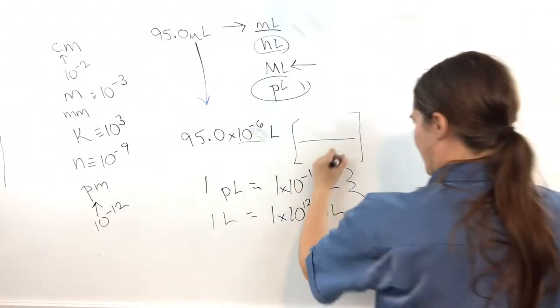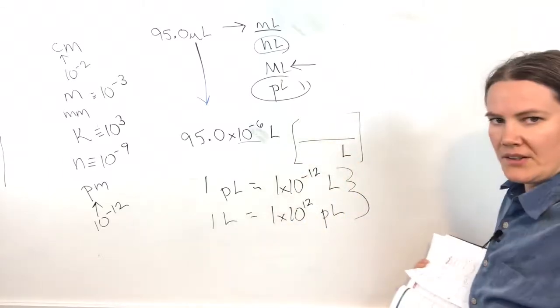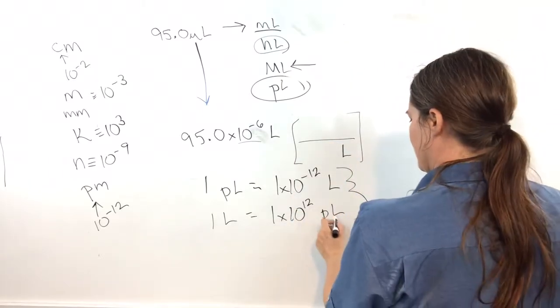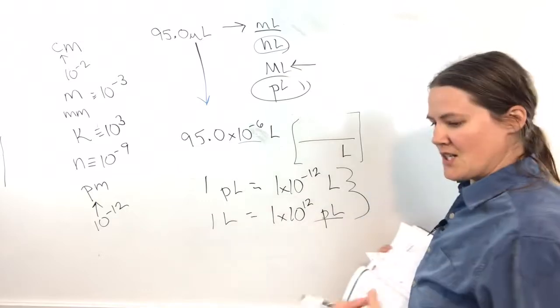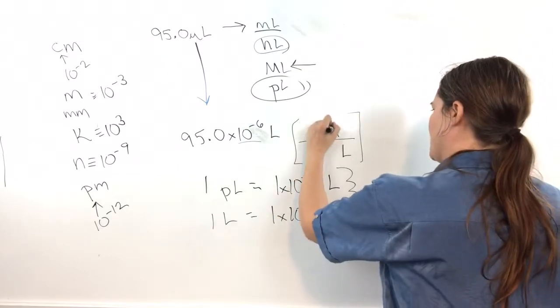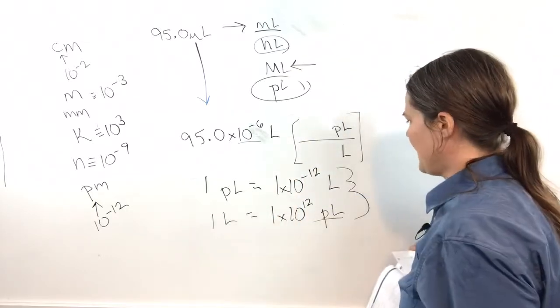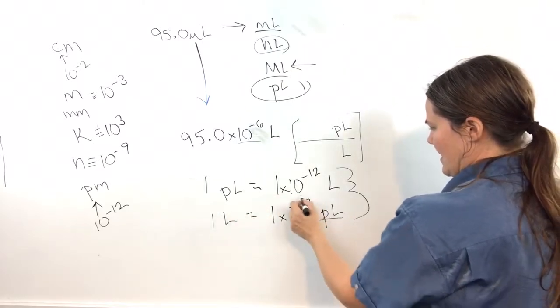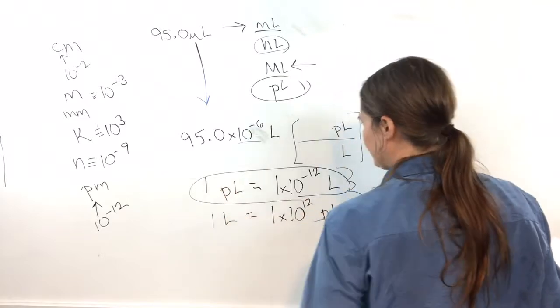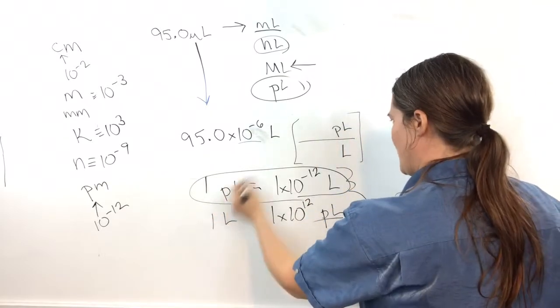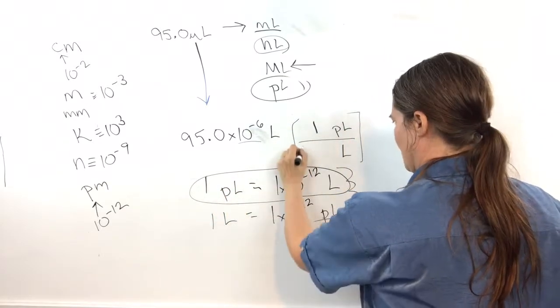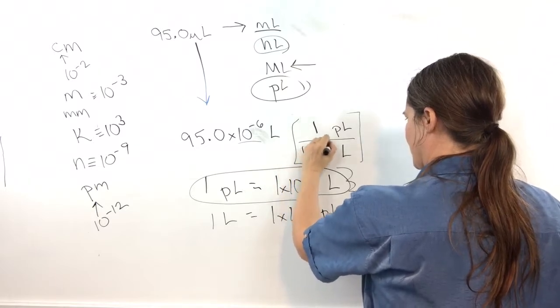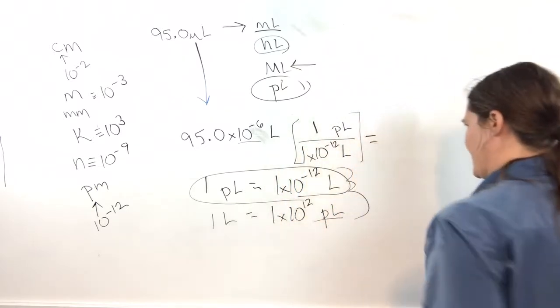And I want the liters to cancel, so I'm putting liters on the bottom. And I am converting into picoliters, so I put the pico on top. And so then I can pick either of these. I'm just going to pick this one. So I have 1 picoliter is equal to 1 times 10 to the negative 12 liters.